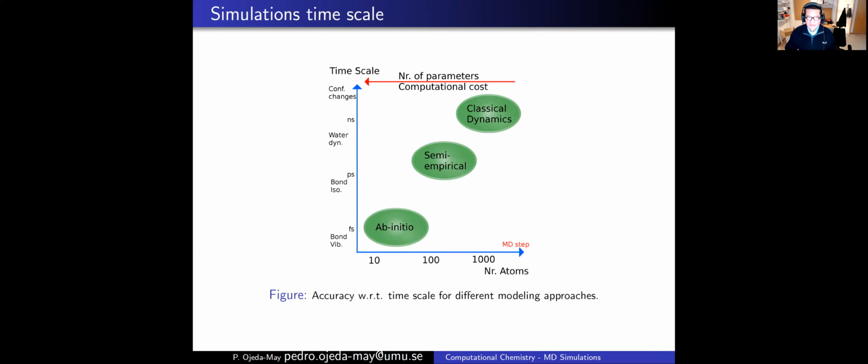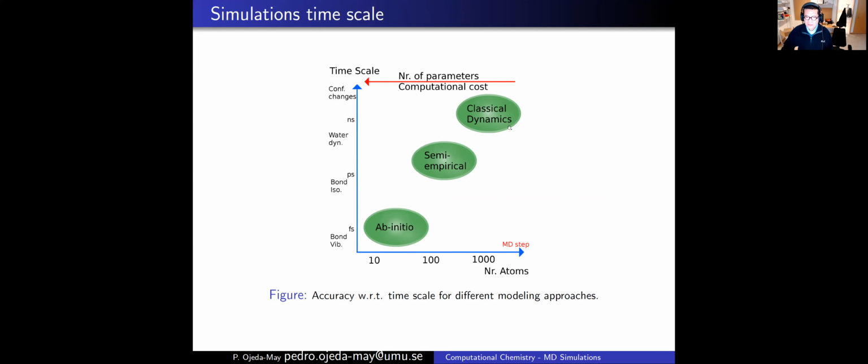So yeah, here I present you a time scale for the different types of modeling approaches. And this is by far not the most complete plot that you can find, but this is how I visualize the different types of simulations. So in the literature, you can see that there are ab initio simulations, also classical molecular dynamics, and this is what we will explore right now, or we are already exploring.